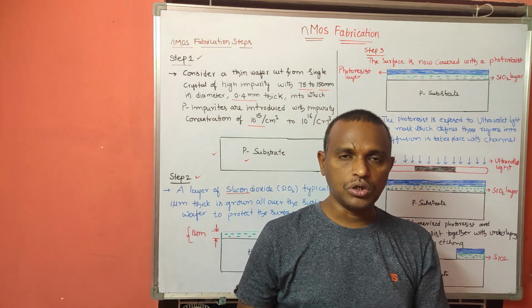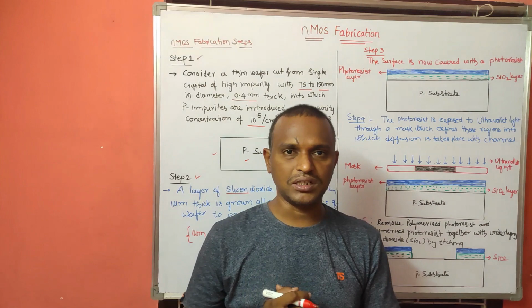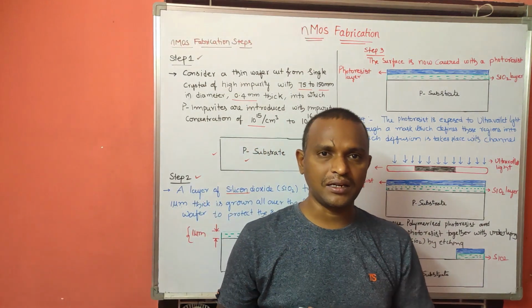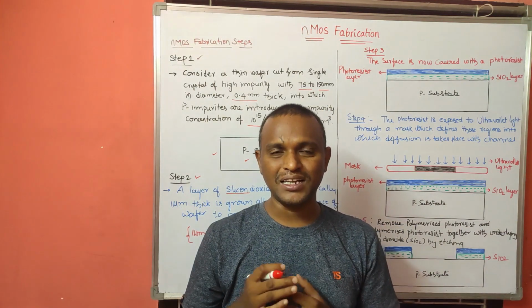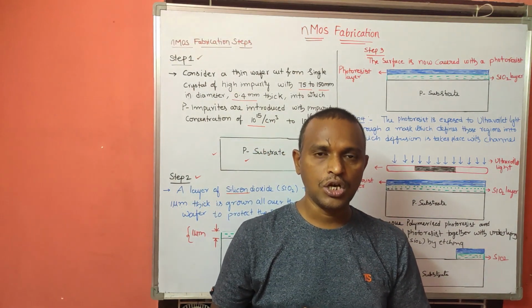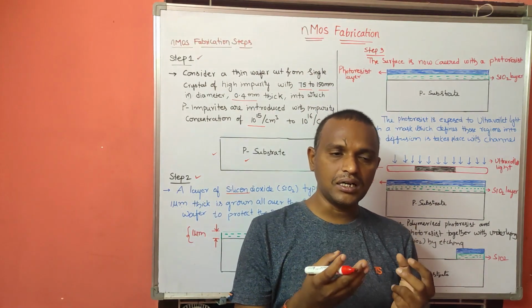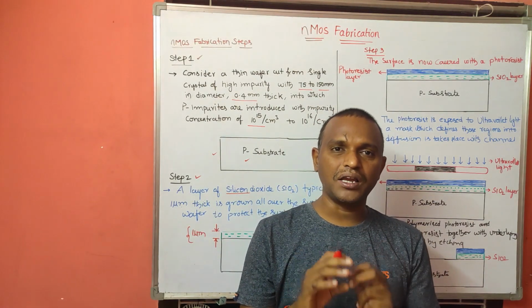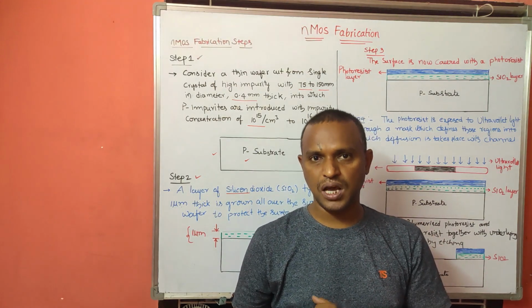Okay, so what is photoresist? Photoresist is a material that, if you expose it to light, that is UV light, ultraviolet light, it will be polymerized, or it will be softened, or it will be dissolved in the solvent.